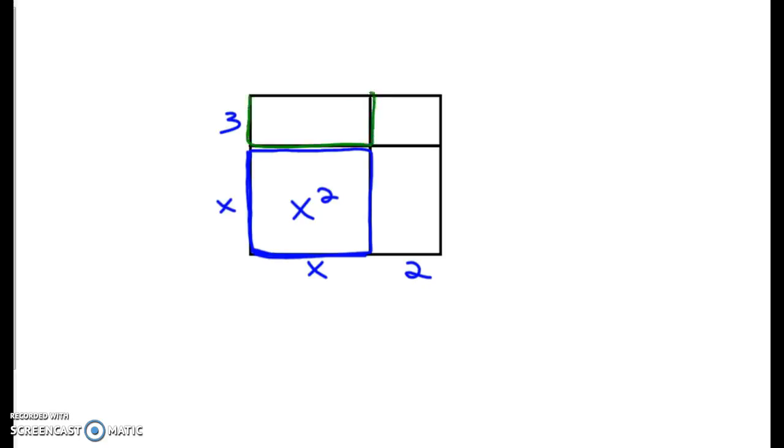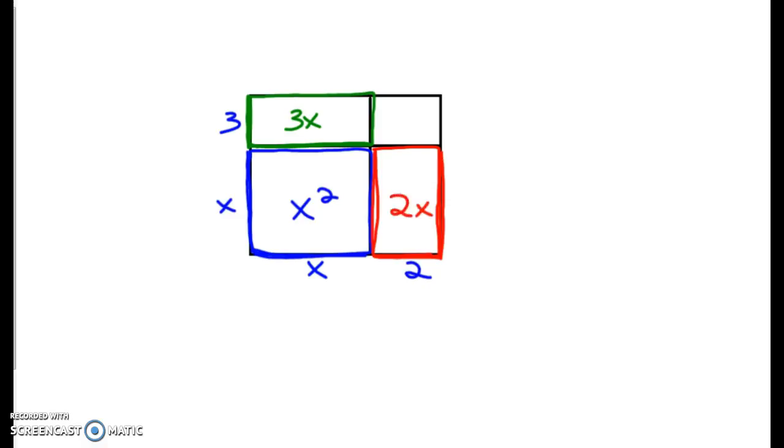If I'm doing this box here, well, my base is x, my height is 3, so I end up with 3x. And then my rectangle over on the side here, my dimensions are base 2, height is x, so 2x.